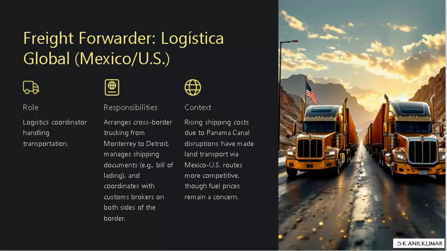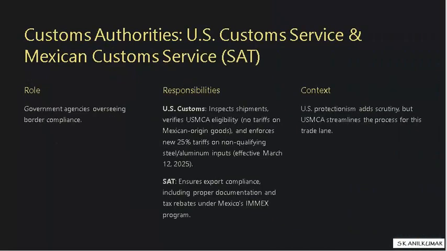Then we will turn our attention to the customs authorities as another party who plays an important role in international trade. What is the role of customs parties? There is the US Customs Service and there is the Mexican Customs Service, SAT. They are the government agencies who oversee border control. What is their responsibility? US Customs inspects a shipment.